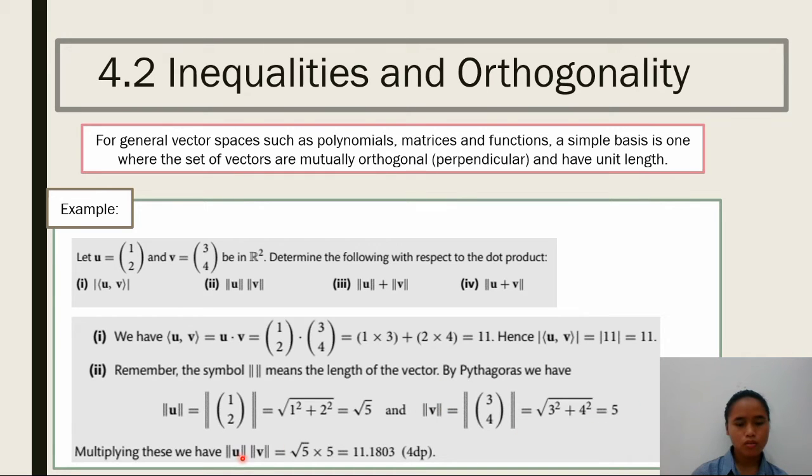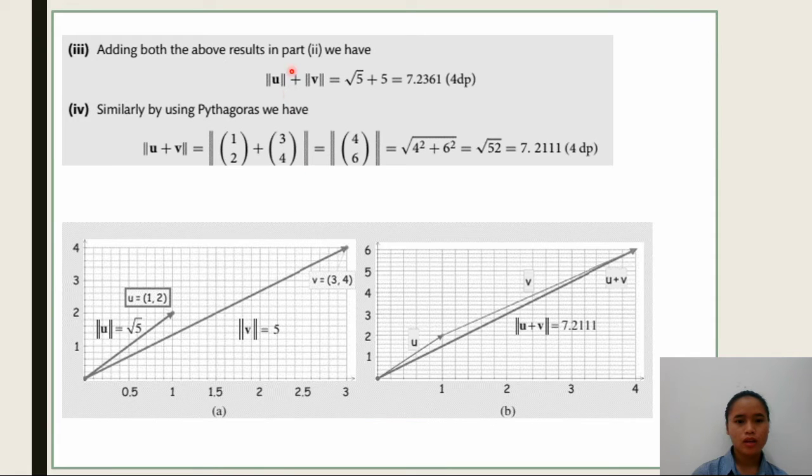The length of u times the length of v is this. For the length of u plus the length of v, we get this result.